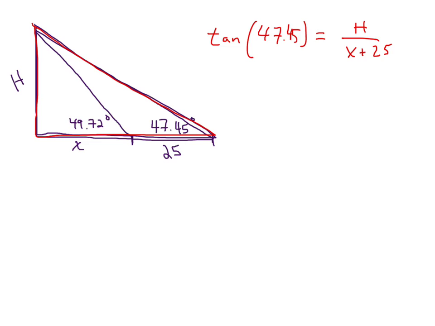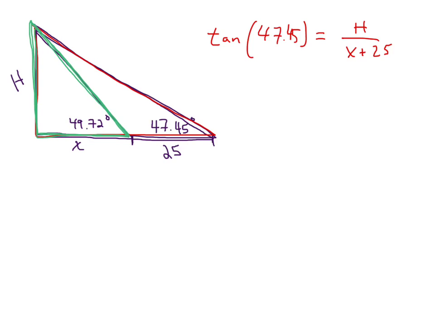Then the second triangle that we have, which I will highlight here in green, is right here, using the other angle measure provided to us in the problem.